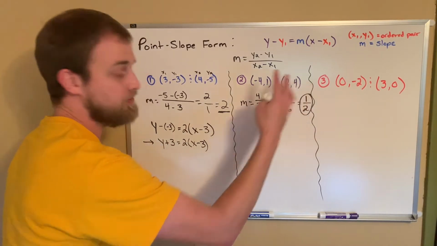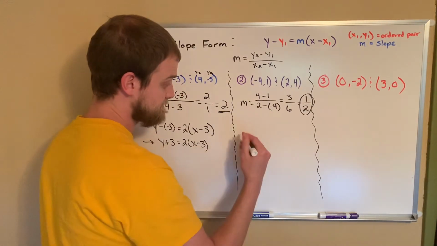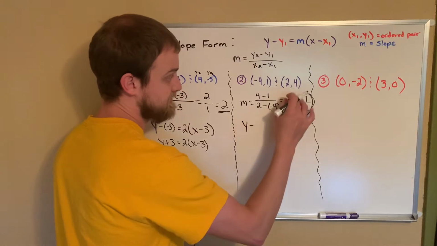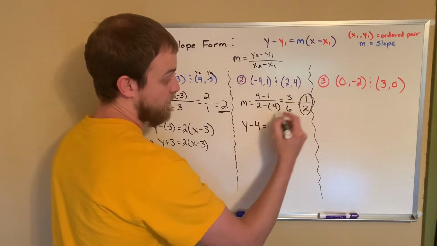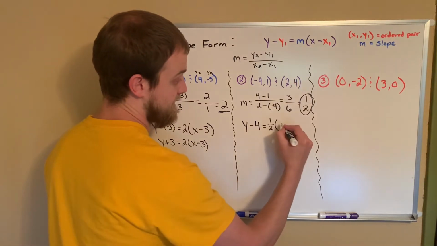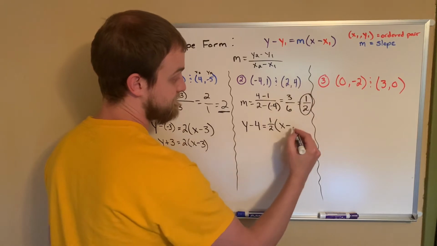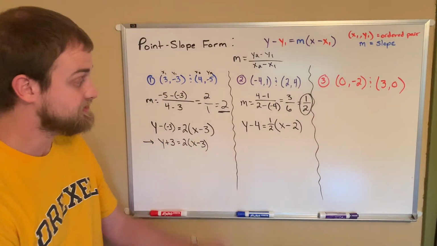You can use either ordered pair to write point-slope form. So let's go ahead and do that. Y minus my y value in my ordered pair is 4 equals 1/2, my slope, times the quantity of x minus my x value. And that's it. There's my point-slope form equation.